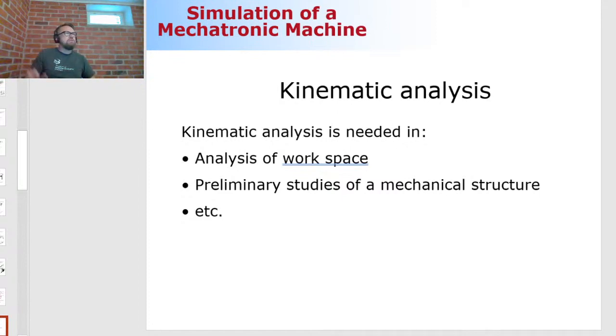You can use this type of analysis to figure out the workspace, in a collision analysis, and to see if it is possible to assemble the bodies, if they fit each other, and so on and so forth. It is also used in very preliminary studies to see how the feature of the mechanical structure looks in the very beginning. But it's still limited.